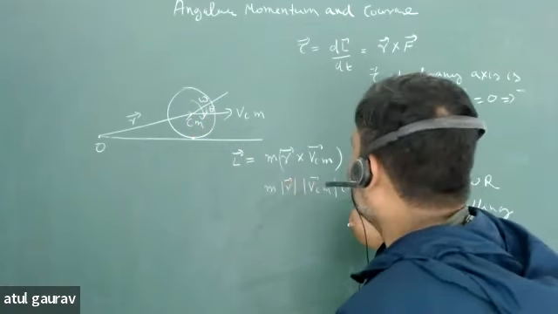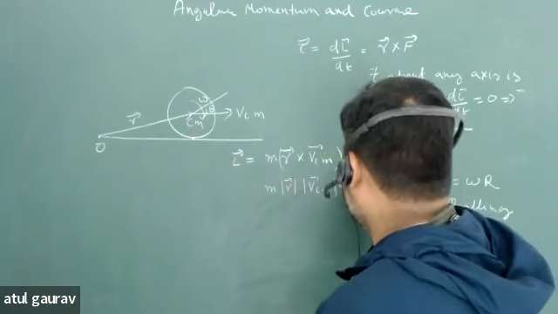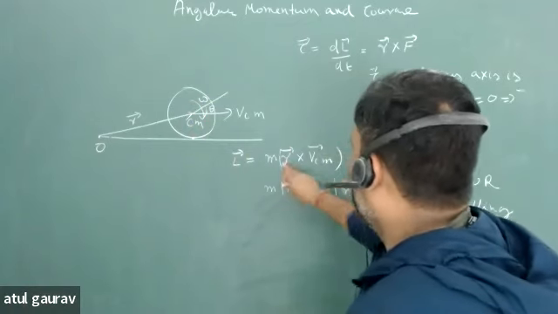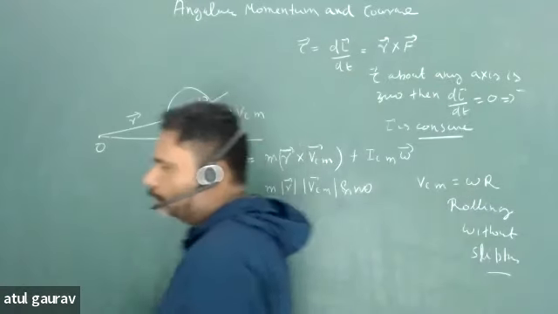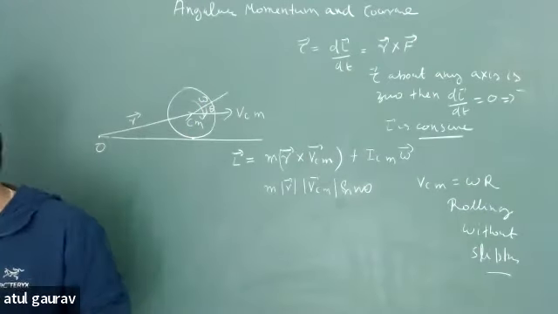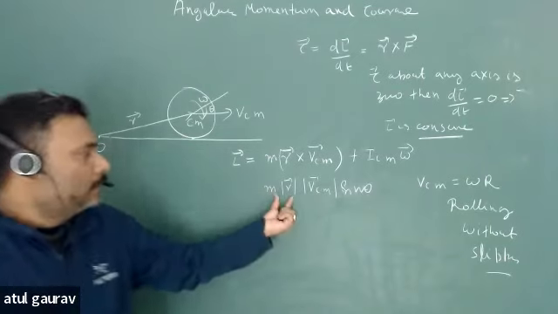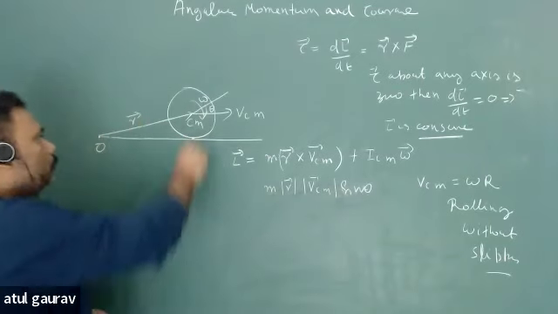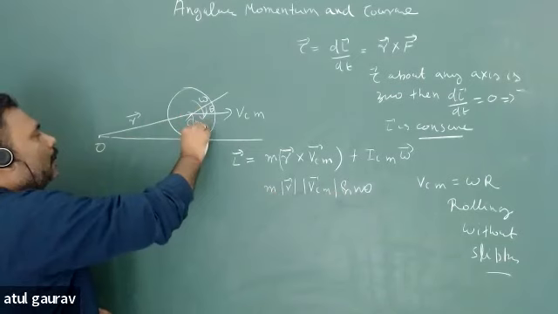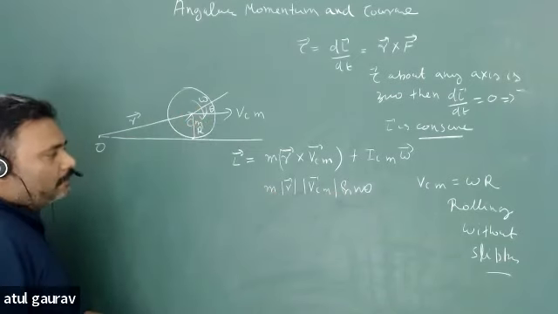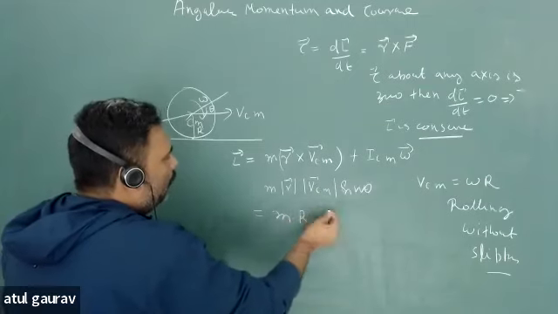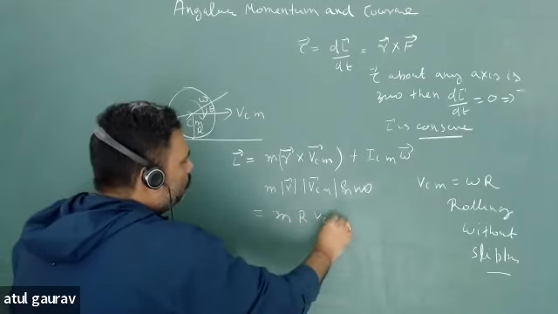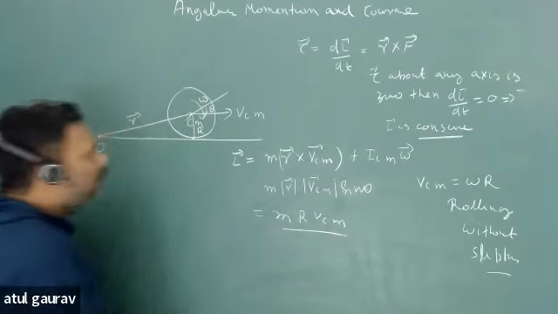Sorry, sine theta, not cos. That will be sine theta. R cross VCM. And what is R sine theta? This distance. Radius. This is nothing but the radius. So can I say this value is M R VCM? लिख सकते ना?